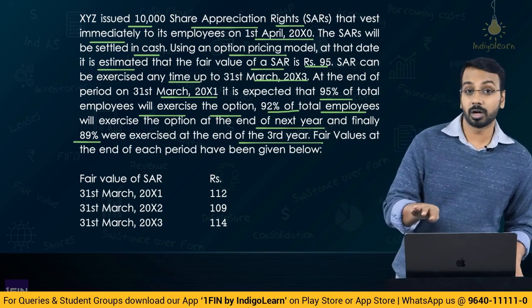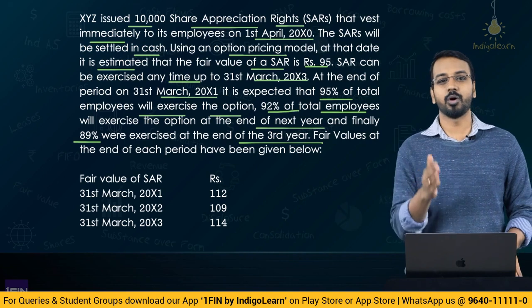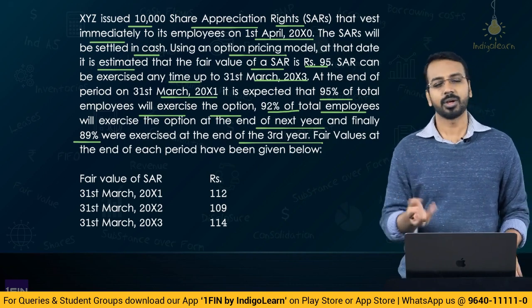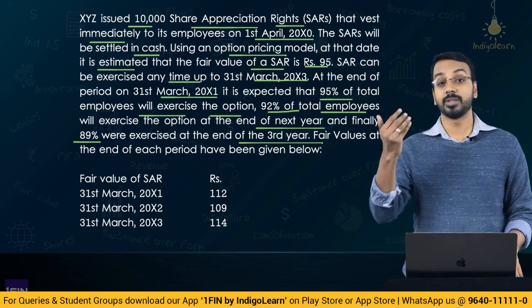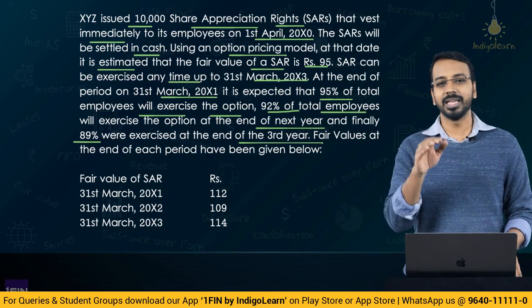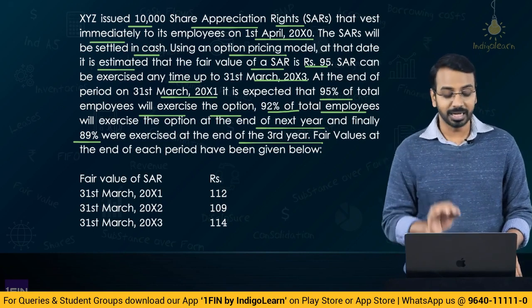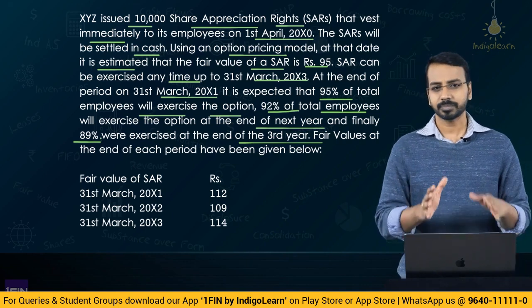Maybe they have forgotten, or maybe they have been waiting. They kept on waiting that the share price will go up and go up, and ultimately they missed out. Or due to some other circumstances they did not exercise. Maybe some of them passed away in this period. For whatever reasons, they did not exercise these options. Ultimately, only 89% were exercised at the end of the year.